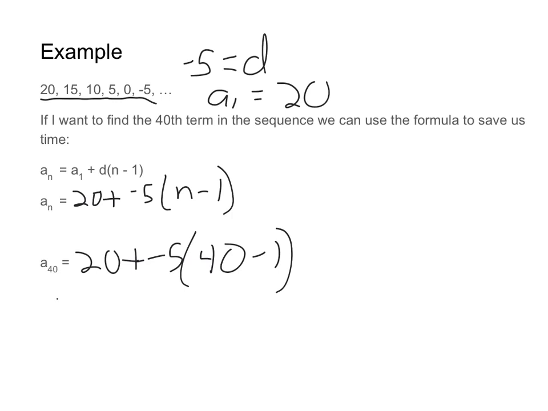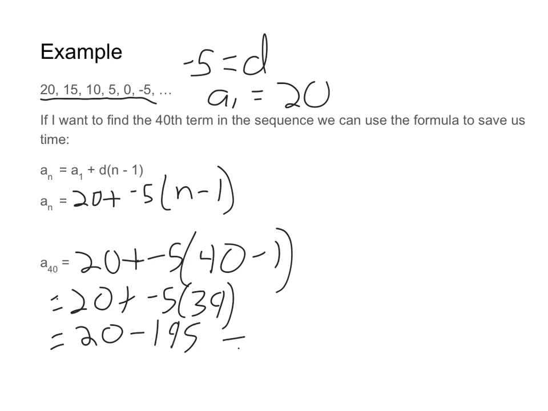So that's 20 plus negative 5 times 39. 39 times 5 is 195. I went ahead and used the calculator on that one to save a little bit of time. So you have 20, and that's negative 195 when you multiply those, so minus 195. 20 minus 195 is negative 175.